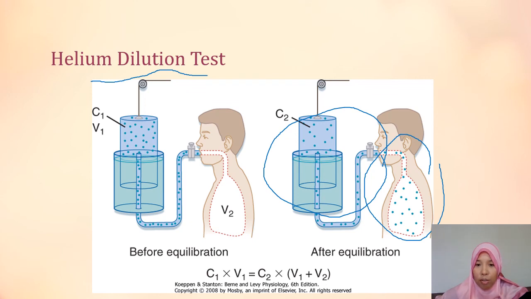If you can figure out all these values and put them together, you will be able to find out what V2 is, and V2 is the volume that we're looking for, which is equivalent to the volume of air that's left inside, and that is the residual volume.